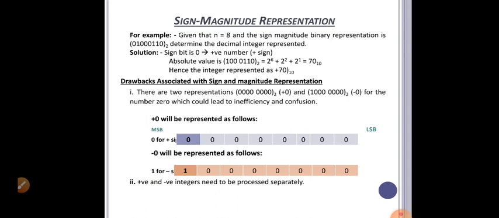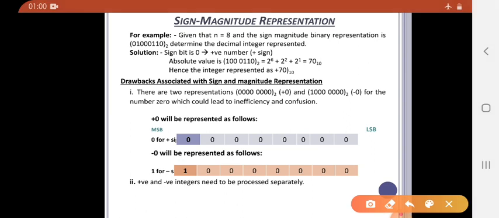Given that n equals 8 and the sign magnitude binary representation is 0, 1, 0, 0, 0, 1, 1, 0, determine the decimal integer represented. Here the sign bit is 0, that means the first one. The first one is 0. So here we can say that the number is a positive number, positive sign.